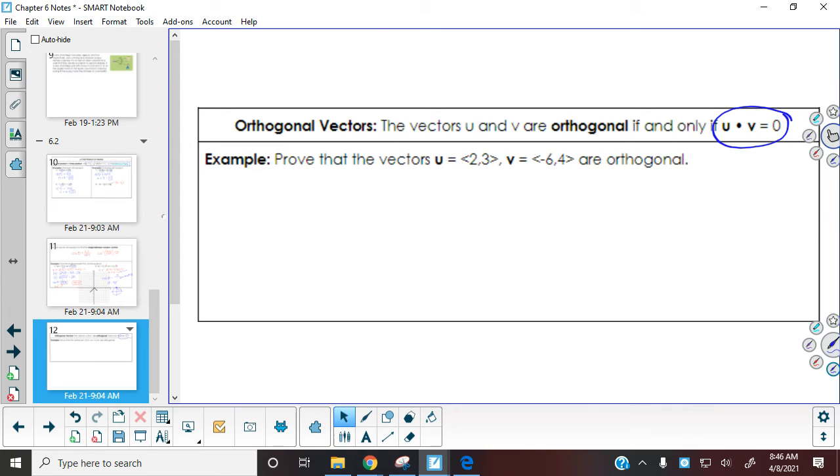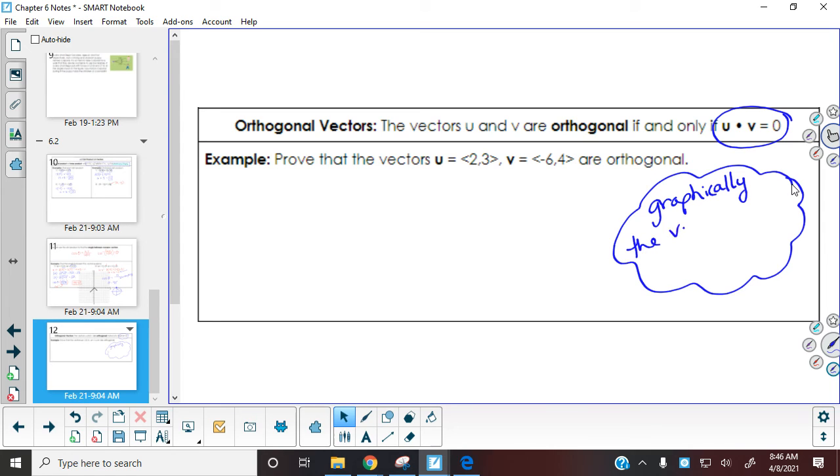So graphically, the vectors would be perpendicular, forming a 90-degree angle.